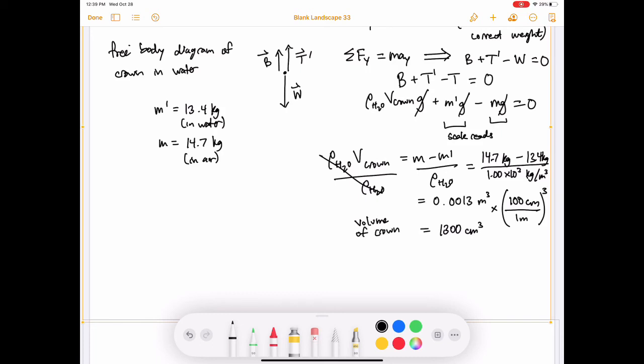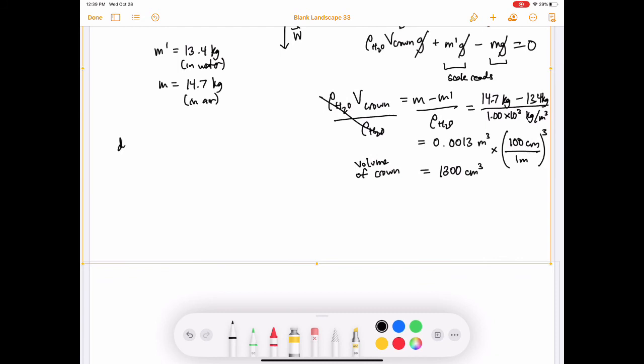And this is really important because if we know the volume of the crown, we can then figure out the density of the crown. If we know the density, we can tell whether or not it's gold, because gold has a very specific value for the density. So let's now do the density of the crown. So the density, rho, is equal to the mass divided by volume. So the actual mass is 14.7 kilograms.